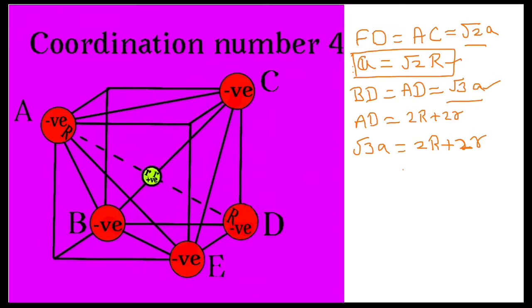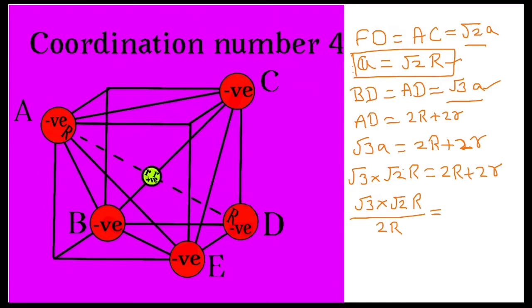Substituting the value of a, root 3 a is equal to what? Root 2 capital R is equal to 2 capital R plus 2 small r. Now, dividing by 2 capital R on both the sides, we get root 3 into root 2 capital R by 2R is equal to 2 capital R plus 2 small r by 2R.